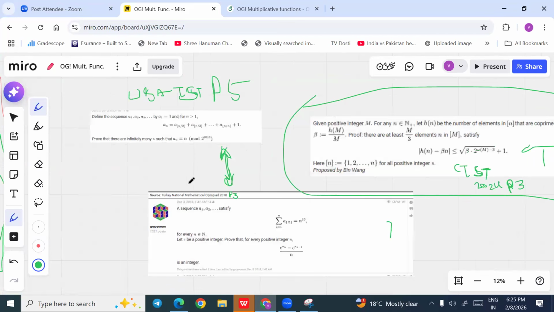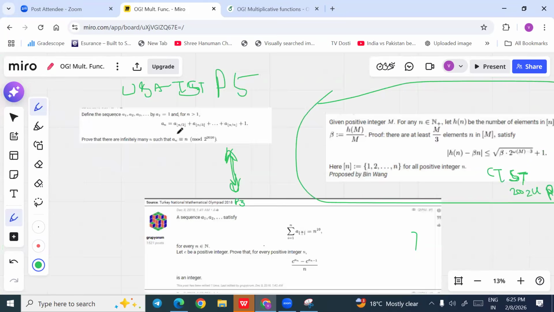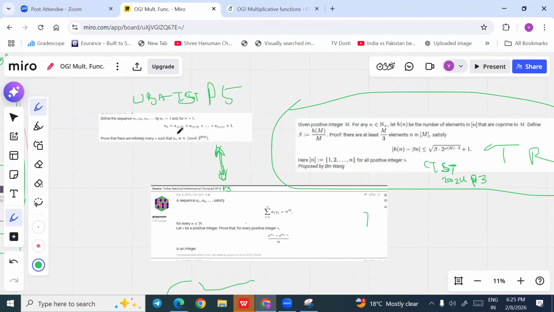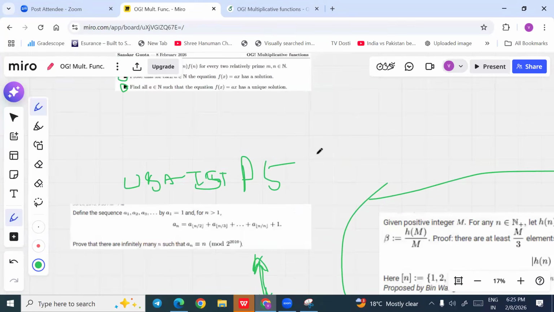So which one of these would you like to do? The USA TST. Okay, USA TST, is everyone okay with that? Yeah. Okay.